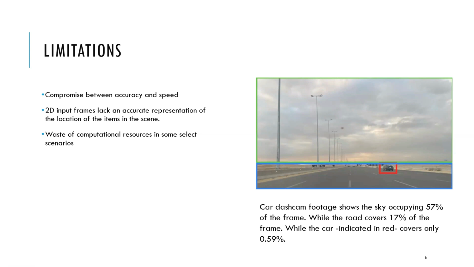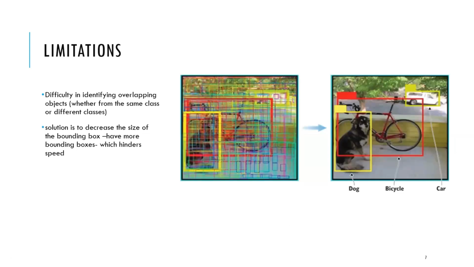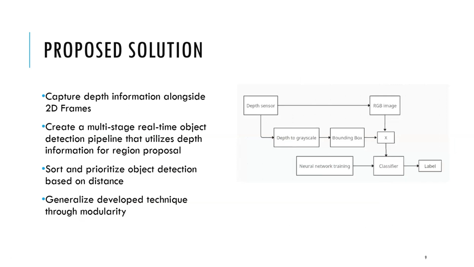In the case of autonomous driving, we are more likely to hit an object that is nearer than an object that is further, right? So that's why we focus on the nearer objects first. But then, of course, all the objects in the frame get detected.